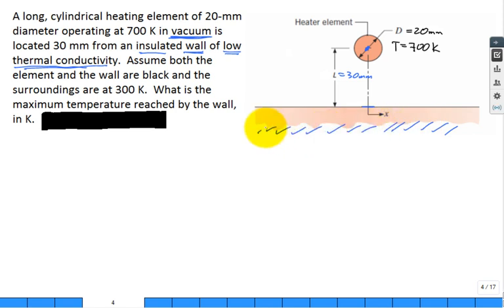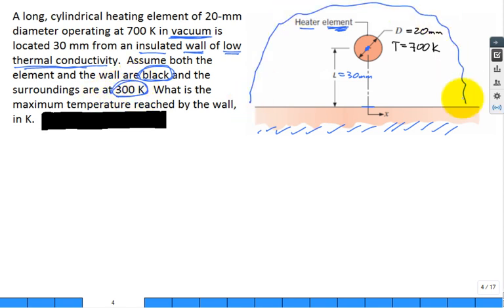Okay. Assume both the element, that's the heater element, and the wall are black, and the surroundings are at 300 Kelvin. So you might just put an enclosing surface, and that's 300 Kelvin for the enclosing surrounding surface. That's some ceilings, some walls in the room. What is the maximum temperature reached by the wall in Kelvin?